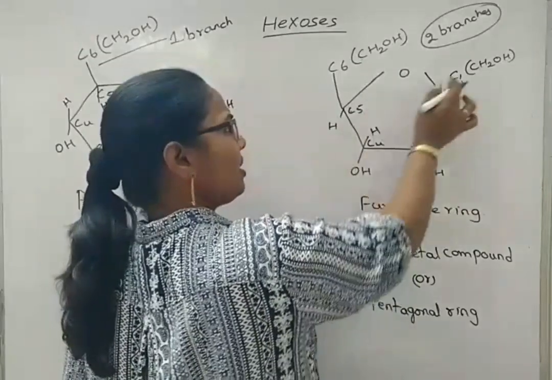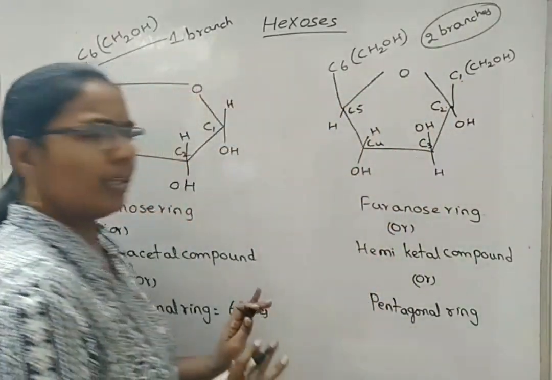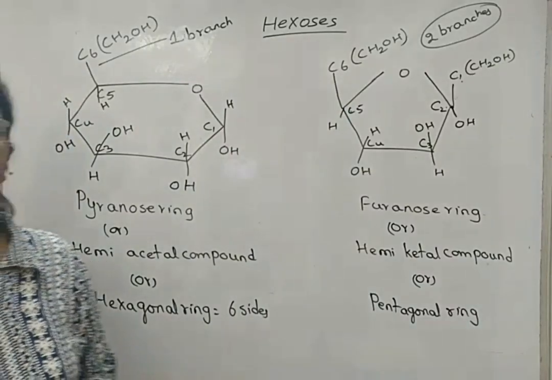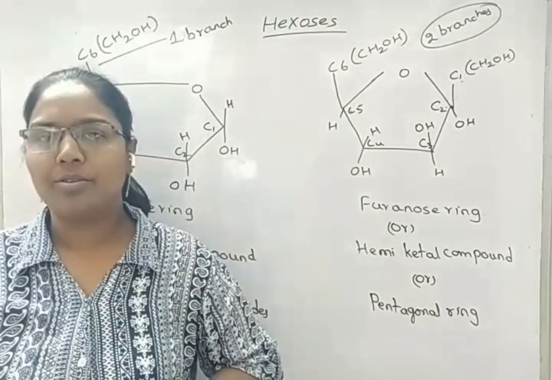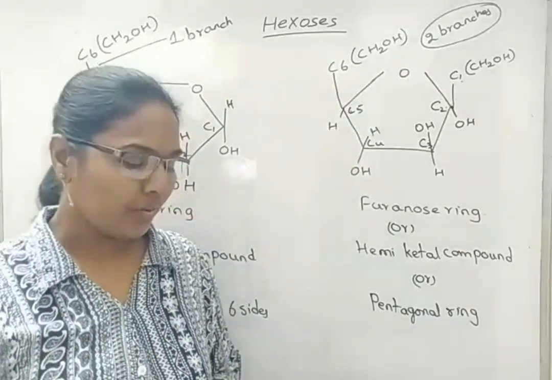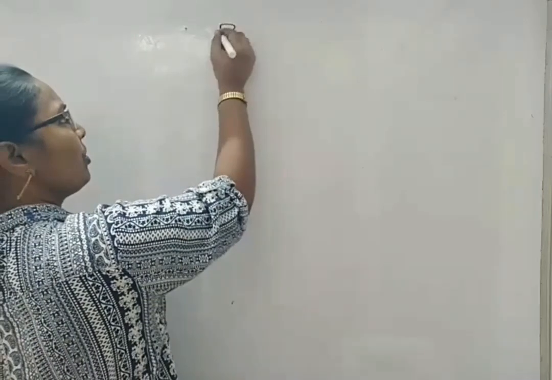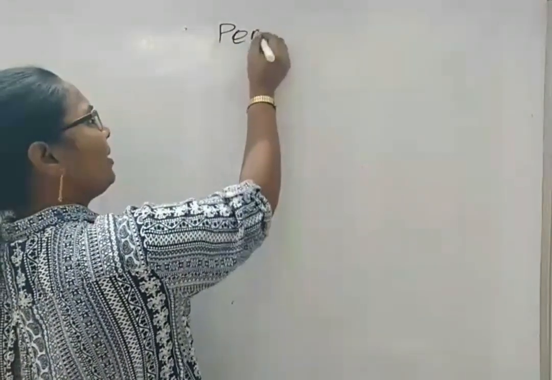What are the branches? Carbon 1 branch and carbon 6 branch. So these are a few points regarding the pyranose ring of glucose and the furanose ring of fructose. Next we will see about pentose sugars. So the next topic is pentoses.